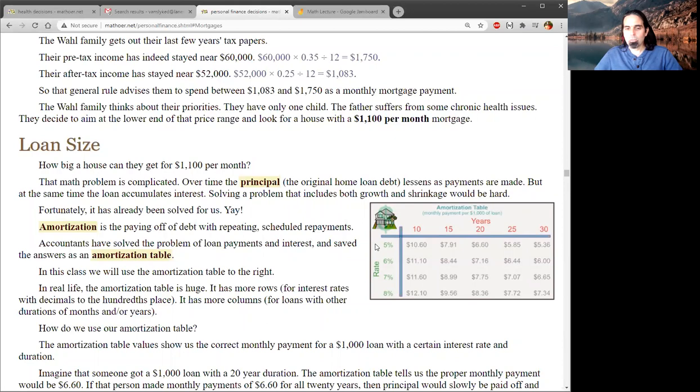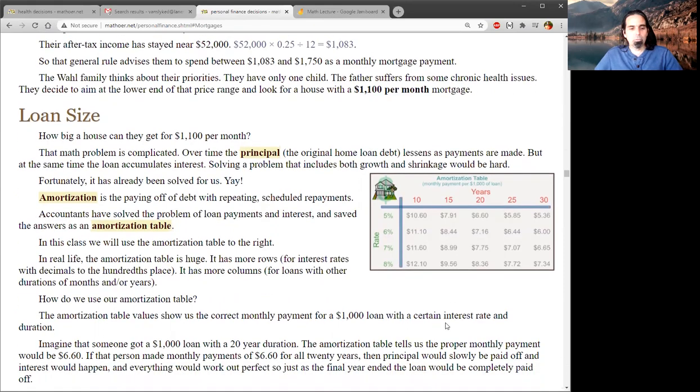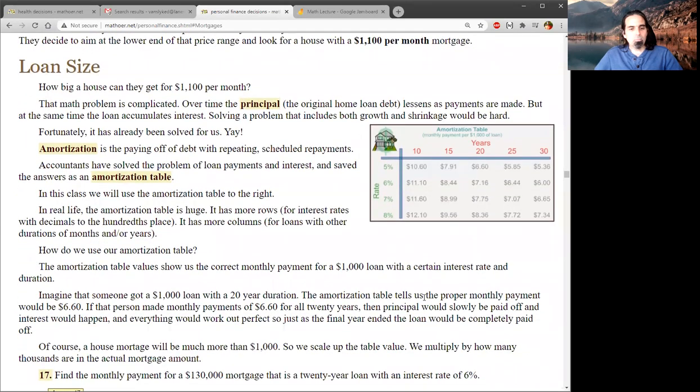What if you had 3.72 as your rate or something? And there are a lot more year options. You could have a 12-year mortgage because your kid is going off to college in 12 years and you want to pay off the house before you have to deal with college payments or something. But for our problems, we're just using these numbers, and just know that in real life, there's more.